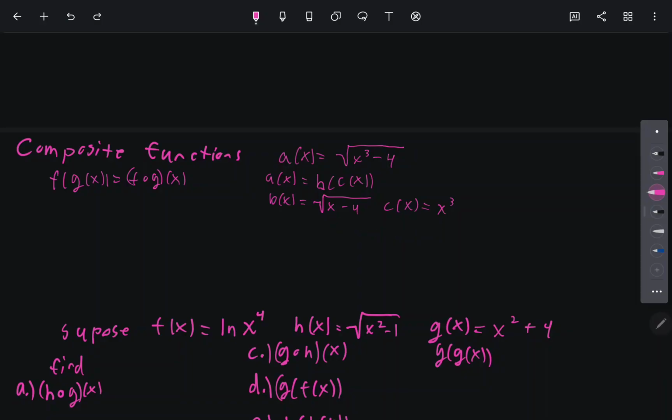Okay, another possible choice that we could do is b of x is equal to just the square root of x, and c of x is equal to the cube root minus 4.